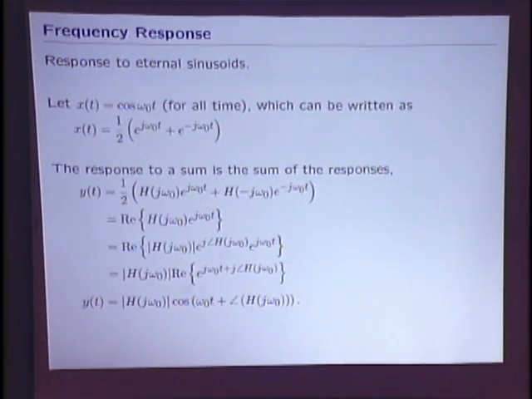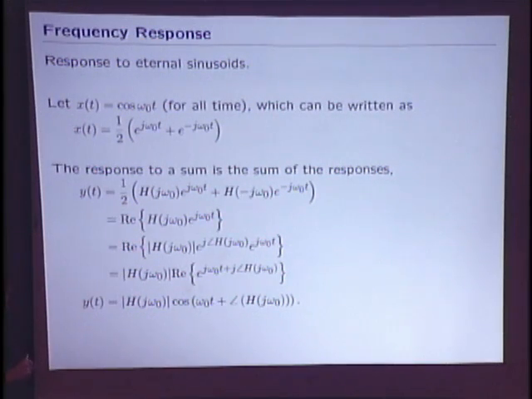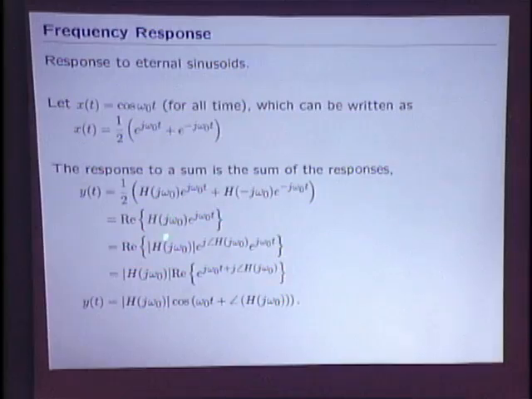Complex exponentials are eigenfunctions of LTI systems, so it has the same shape and an eigenvalue. This one can be written similarly, except there's a minus sign. But because this is the complex conjugate of this, and this is the complex conjugate of that, I've got the sum of a number and its complex conjugate. The sum of a number and its complex conjugate is just the real part of that number.